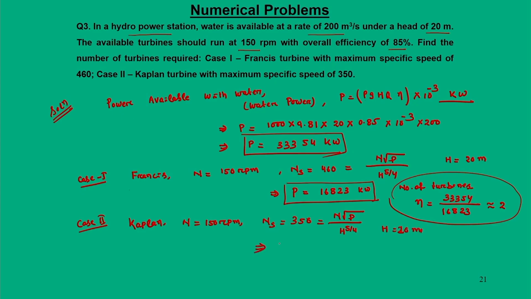So, this will give you power developed by one Kaplan turbine would be 9739.3 kilowatt. So, from these specific speed expressions we can find out power developed by one Kaplan turbine will be 9739 kilowatt.